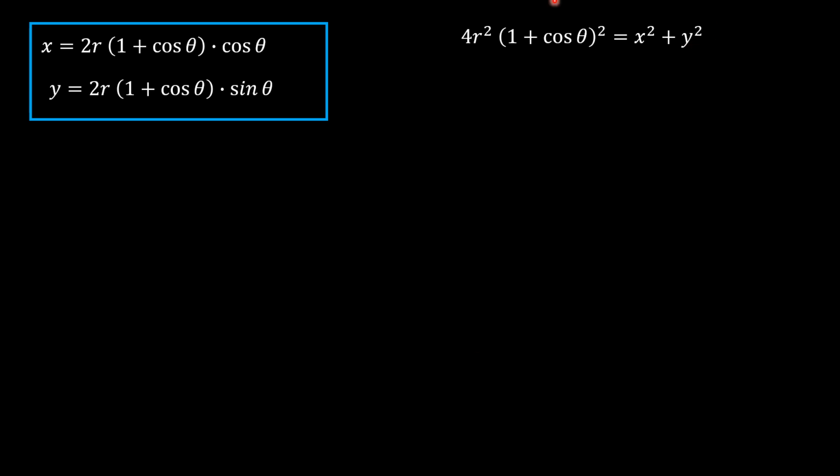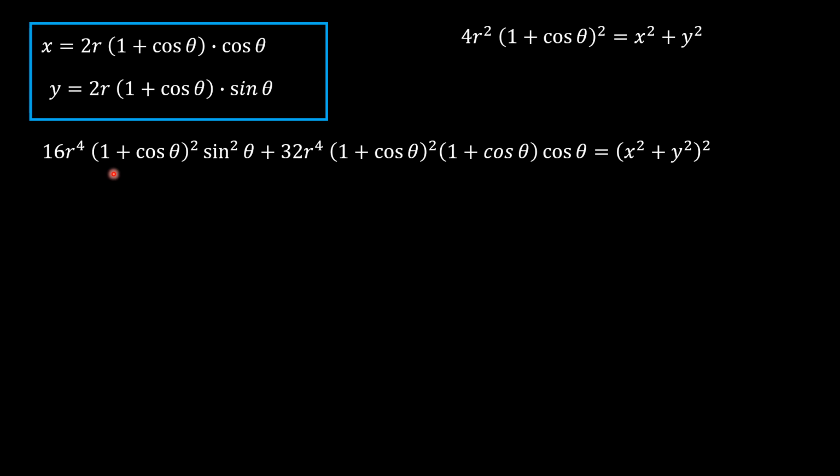So this is what we know now, and we had come to a point where we have 16r to the power 4 times 1 plus cosine theta squared sine squared theta plus 32r to the power 4 times 1 plus cosine theta squared times 1 plus cosine theta times cosine theta. Yes, so we factored out the cosine theta.